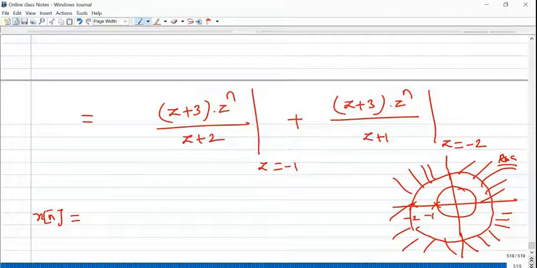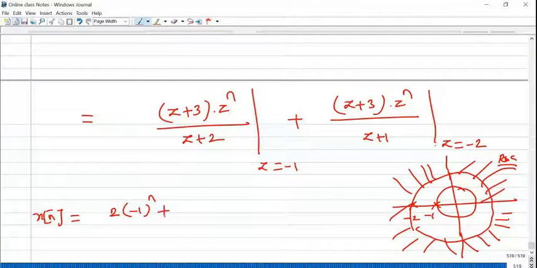So write down: z equal to minus 1, minus 1 plus 3, so you'll get 2. So 2 into minus 1 power n divided by z plus 2, that is 1 only.